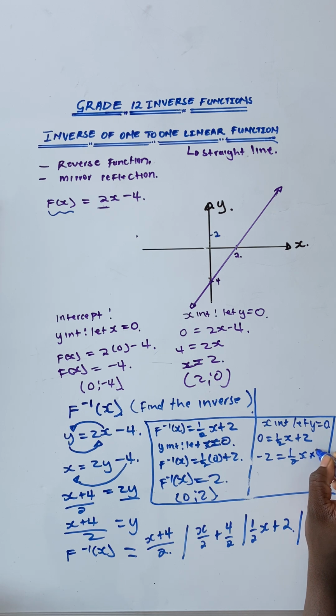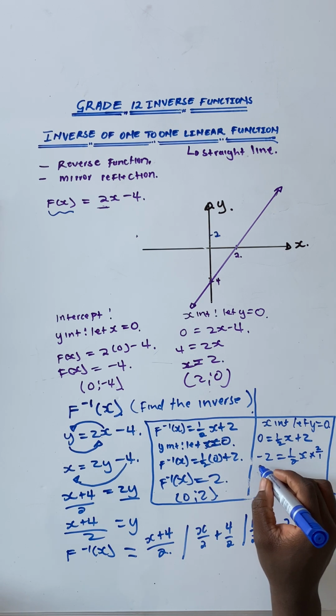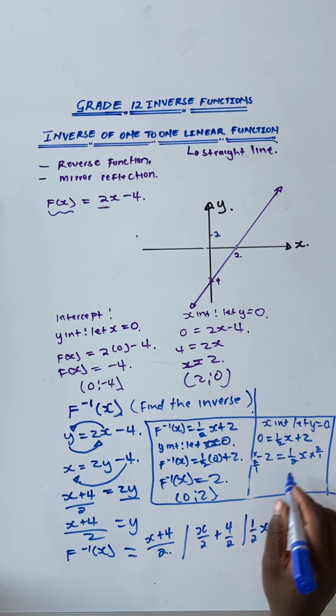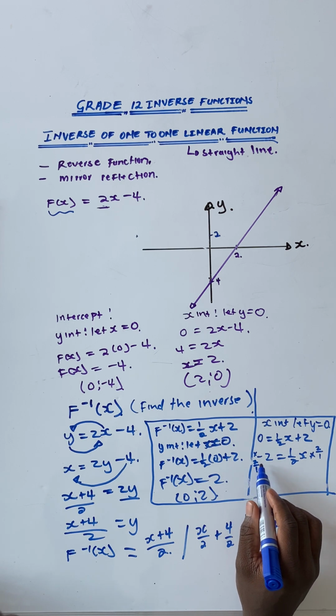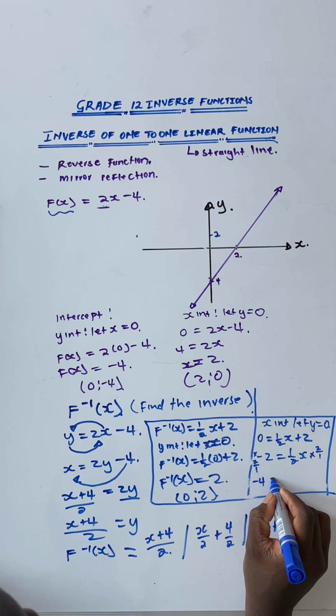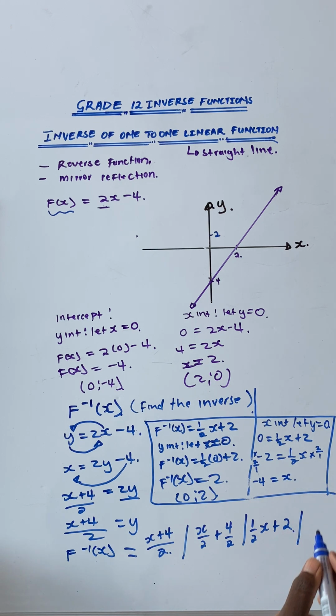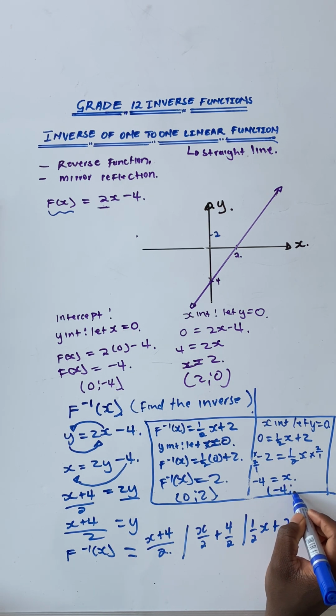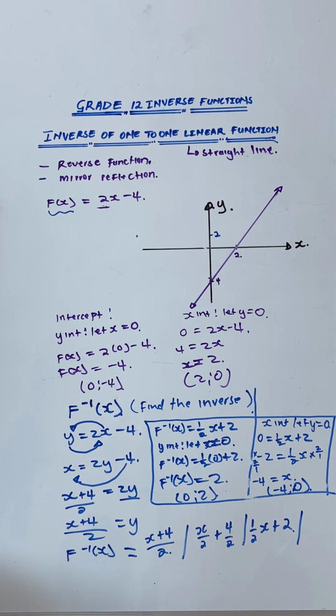That will be times 2 over 1 on both sides. So 2 over 1 times negative 2 will be negative 4, which is equal to x. So the coordinates are (negative 4, 0), because that is the x-intercept.